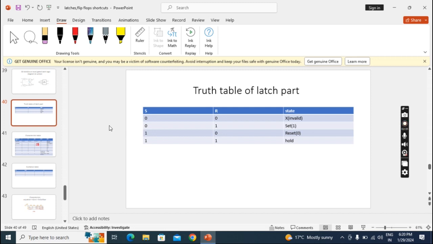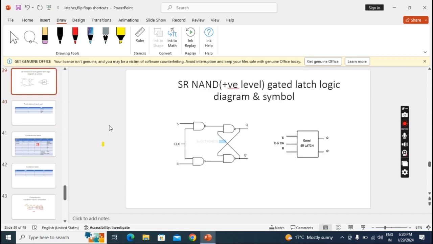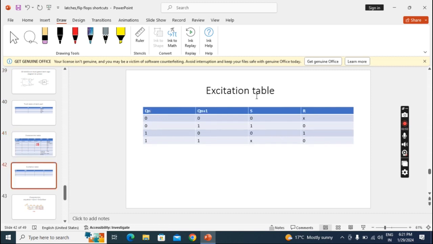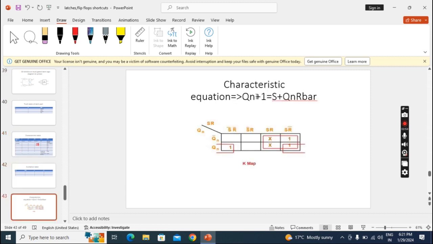Okay. So for any gated latch or flip-flop, the design process is: after drawing the symbol and logic diagram and this non-gated latch truth table, we have to do the characteristic table. Then we have to do the excitation table. Then we have to do the characteristic equation. These are the steps.